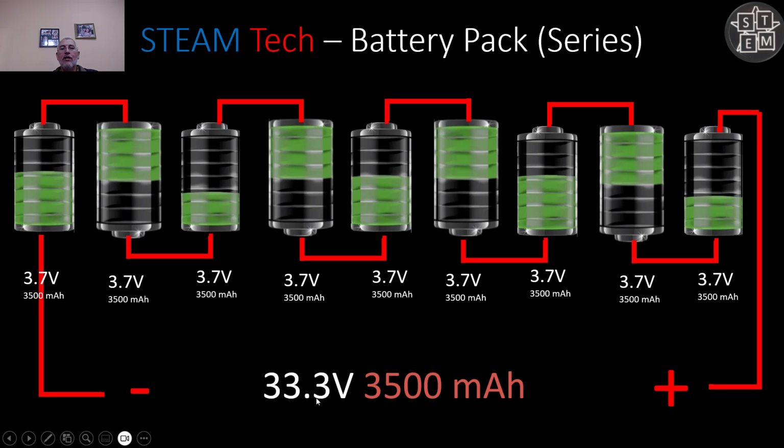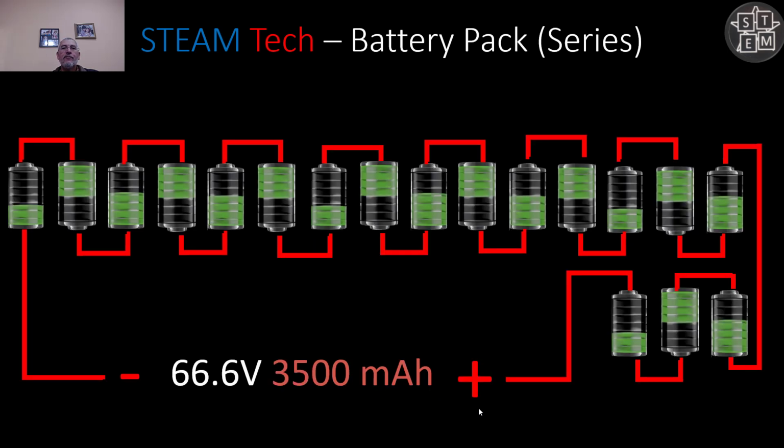That will give you 33.3 volts. So you have a battery pack of 33.3 volts. And since we put everything in series here, the capacity stayed the same. So it's 3500 milliamp hour.